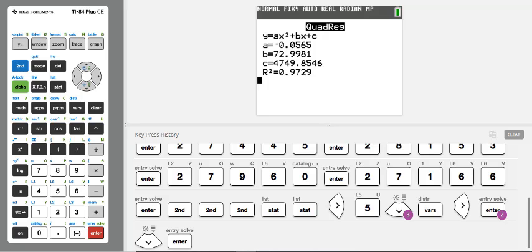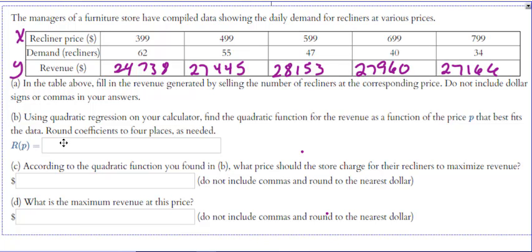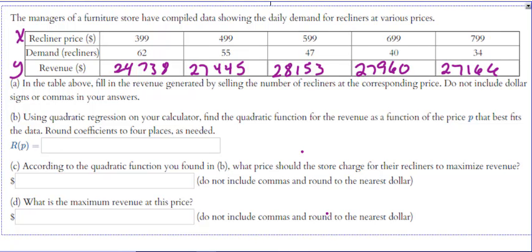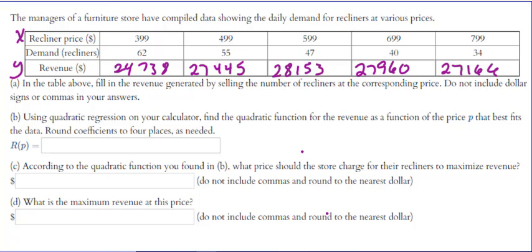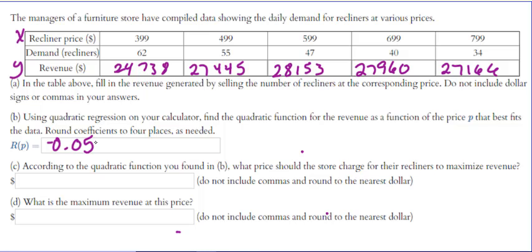Negative 0.0565, rounded to 4 places, x squared.